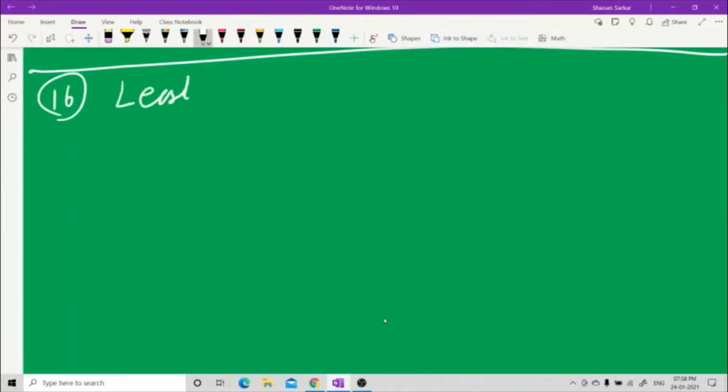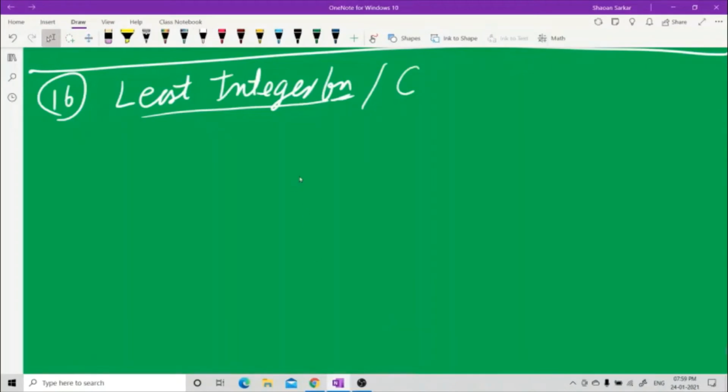Least integer function. That means I'm talking about the ceiling function. That was the floor function, this is the ceiling function. This is the difference.